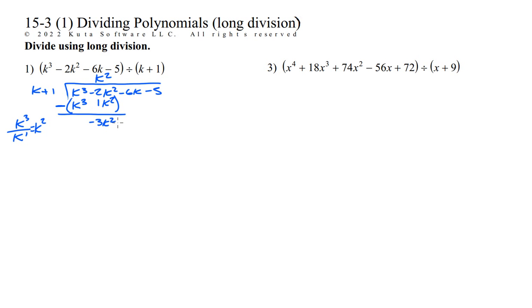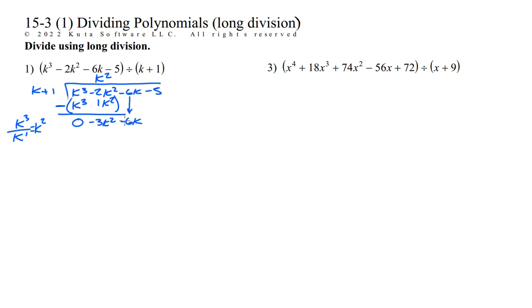Sorry, these were both k squareds. And then k cubed minus k cubed gives us 0. This should always end up equaling 0. If for some reason it doesn't, then something went wrong over here. Okay? Just like regular old long division, bring the next part down here. So bring this negative 6k down, so minus 6k.